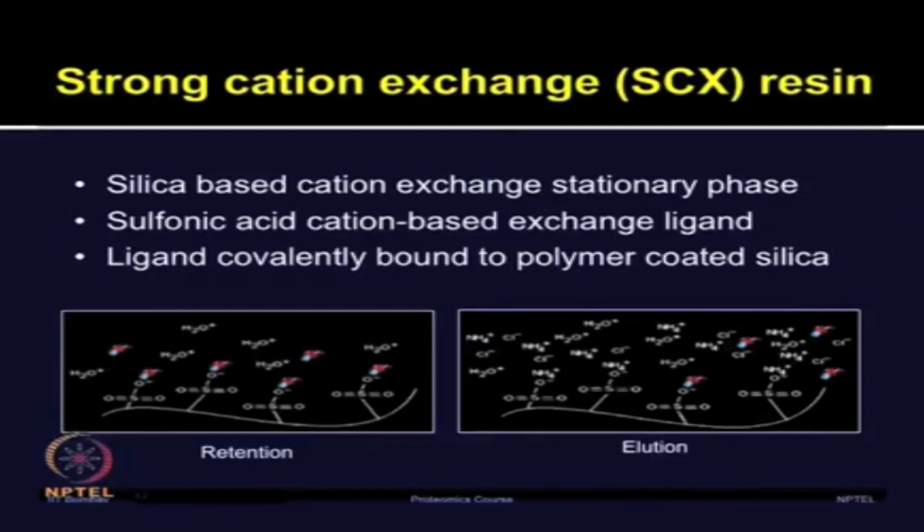One is retention, the other is elution. In retention, that is based on the electrostatic attraction between the negatively charged sulfonic acid and positively charged peptides. The elution can be performed by an exchange of peptides for cation of mobile phase additive, the ammonium ions, and this is a reaction to the high concentration of cations.